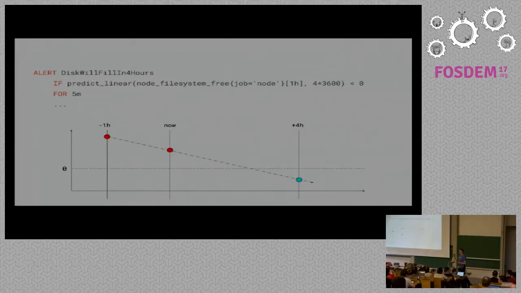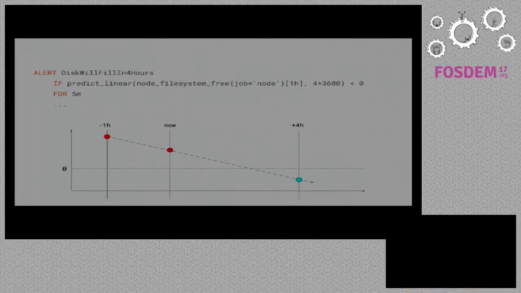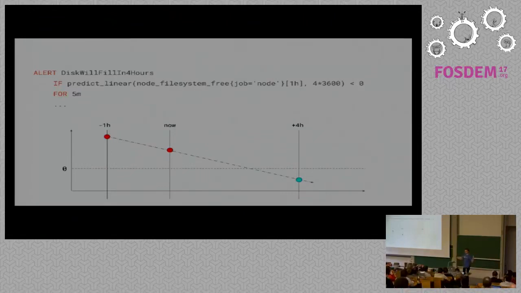Another case is, say your disk is 10% full, and it's filling up really, really fast. Now your alert won't hit until you hit like 80%, and then you have no time to react because it will take another 3 minutes until your drive is actually full. So just probing the current state doesn't really get you anywhere, at least not reliably. What you actually want is to look at a range of time and see how this resource is developing.